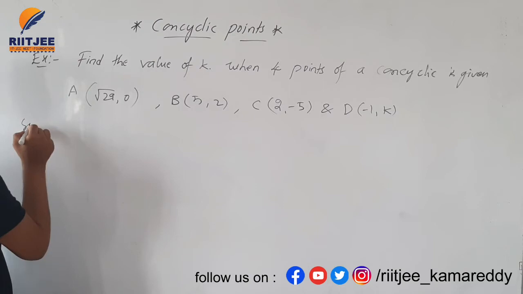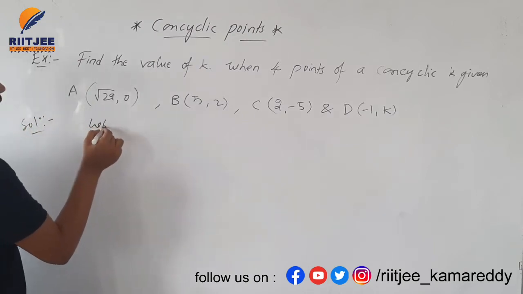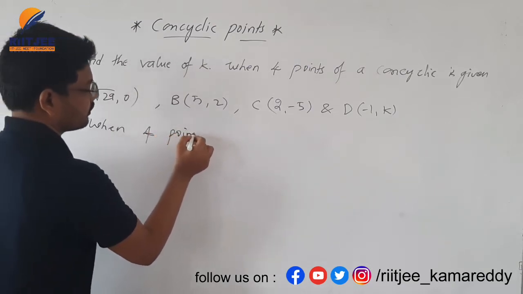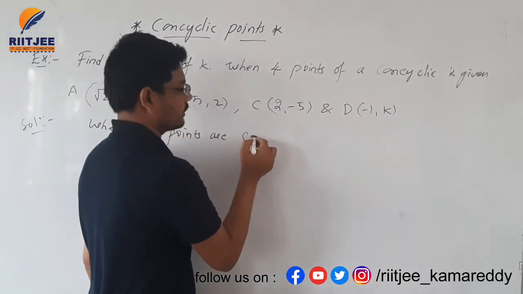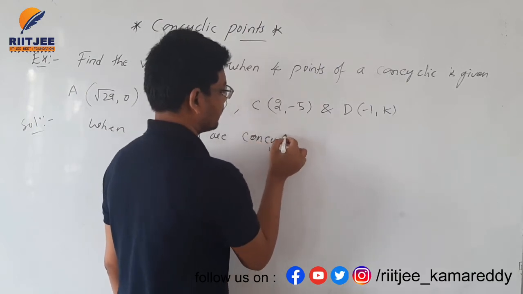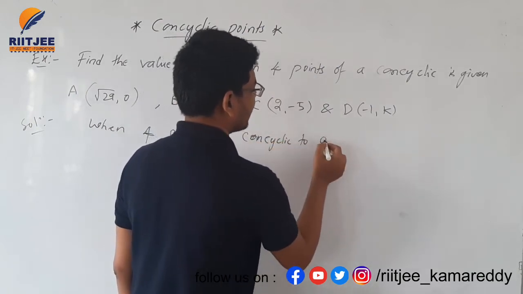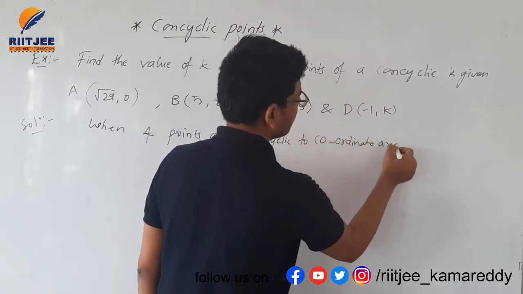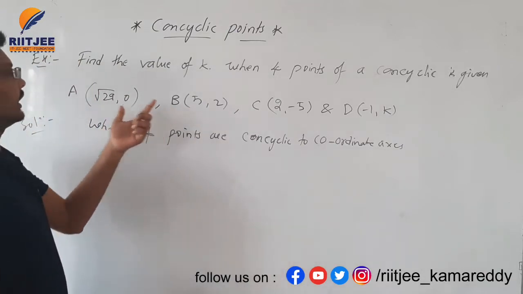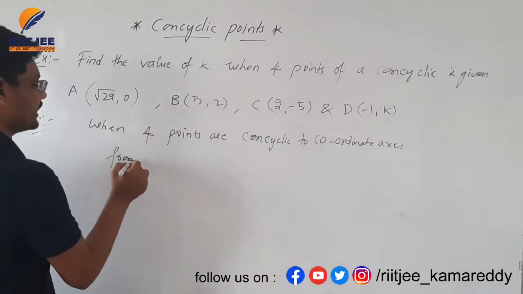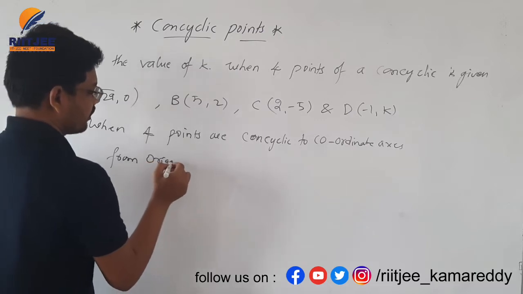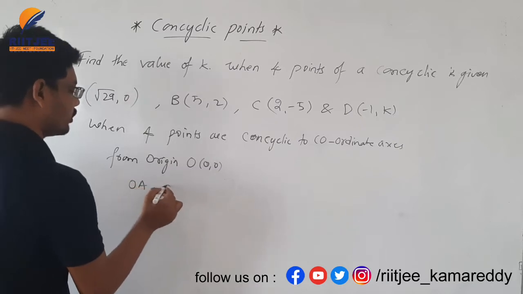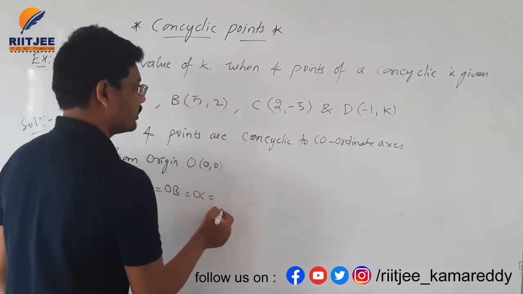The solution is here. When 4 points are concyclic to the coordinate axis, every distance from the origin O (0, 0), here OA is equal to OB is equal to OC is equal to OD.